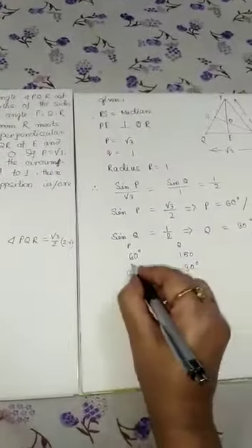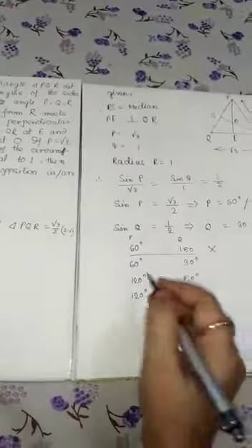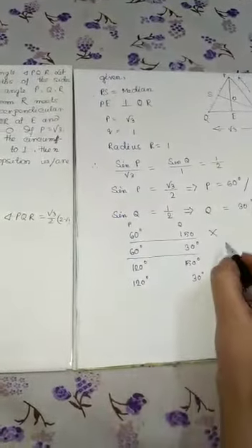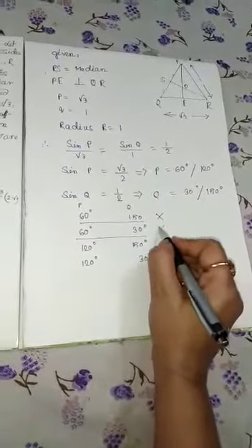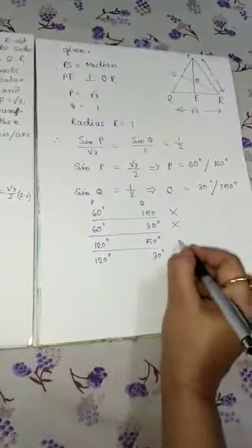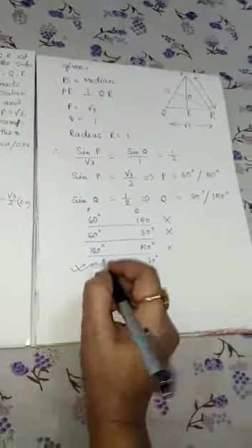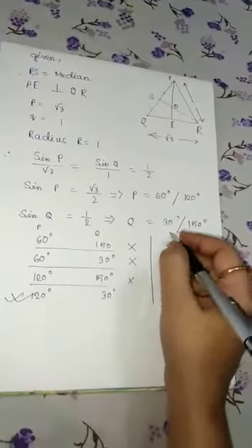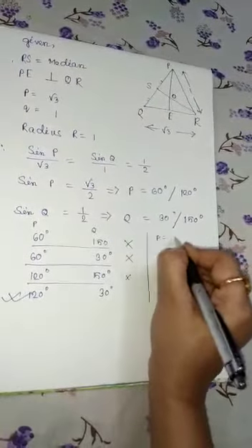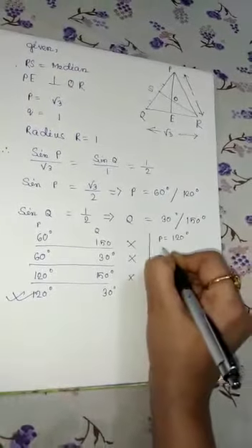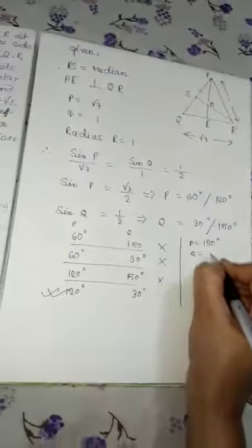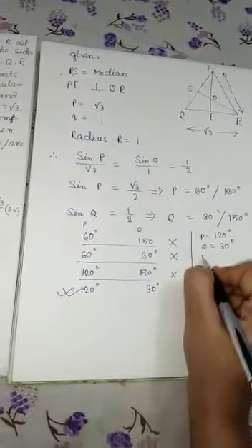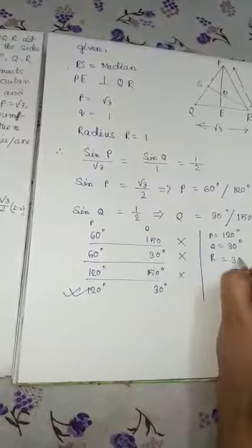According to the problem, some of these are not correct, and this one is also not correct because it is not a right-angled triangle. This one is useless and this one is what we want. Therefore, we get P is equal to 120 degrees, Q is equal to 30 degrees, R is equal to 30 degrees.